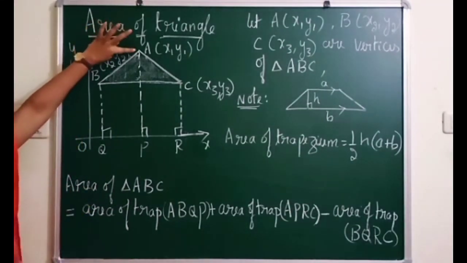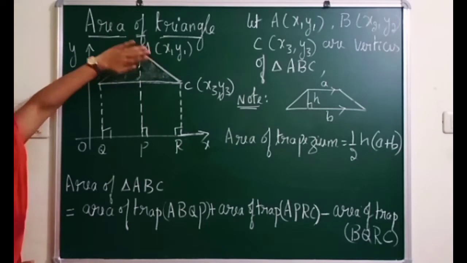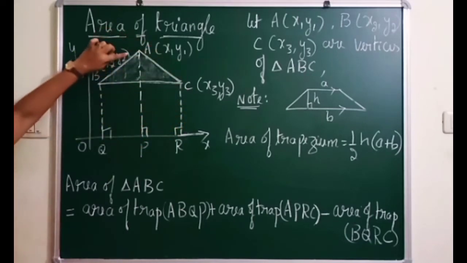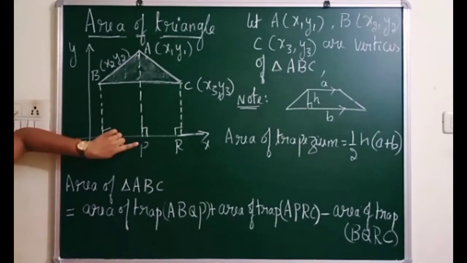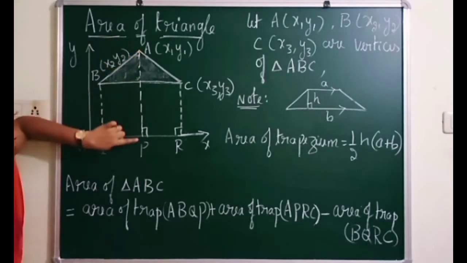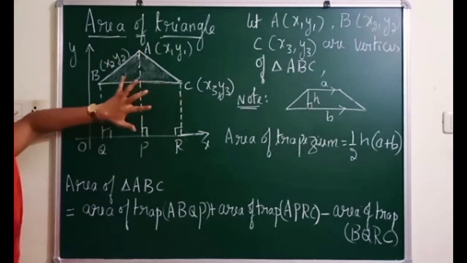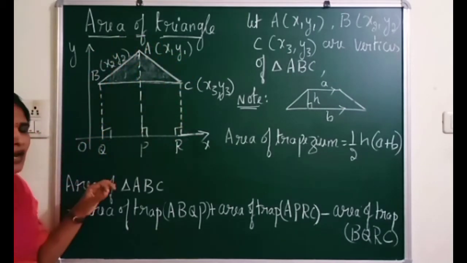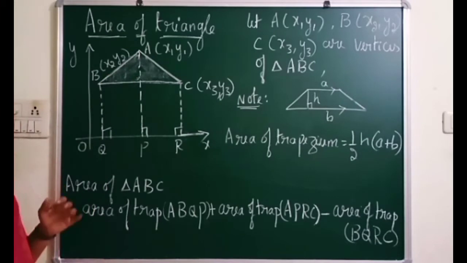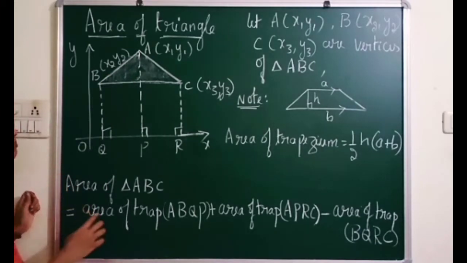Now let us understand, to find this triangle, let me take the full picture. That is area of ABQP plus area of APRC. When I add these two trapeziums, I get the full picture. But in this I want only the triangle. So I should subtract. What part do I have to subtract?